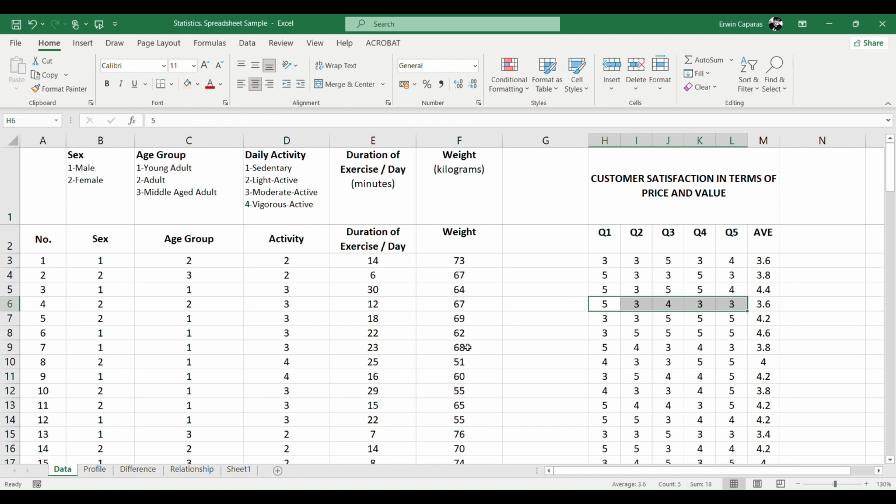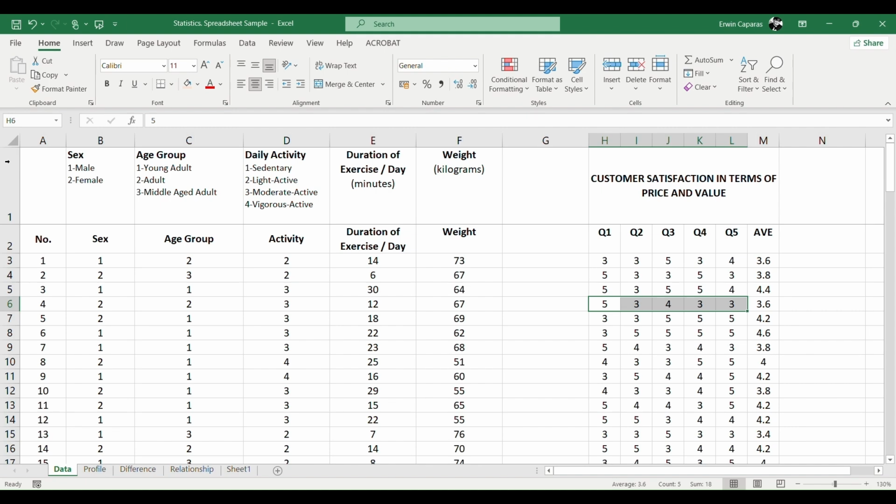Once you have completed the spreadsheet, your raw data, the next step is to prepare your Microsoft Excel for data analysis. It is because not all computers or laptops are activated with the data analysis tool.